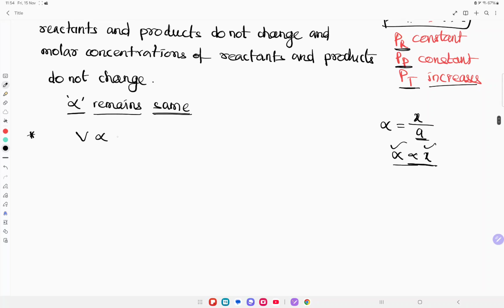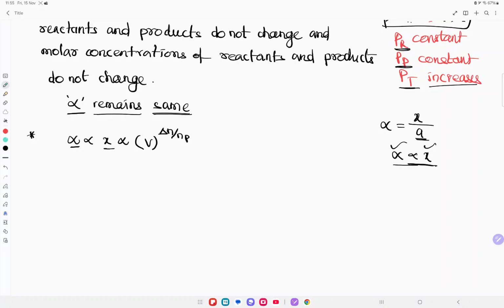So alpha is proportional to X, which is proportional to V power delta N by number of moles of gaseous product.